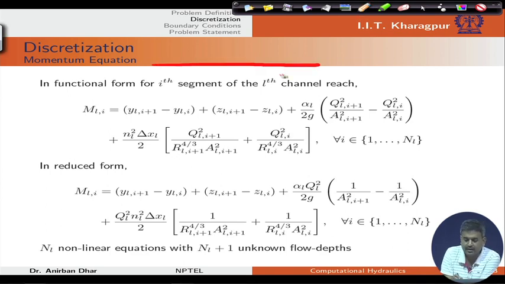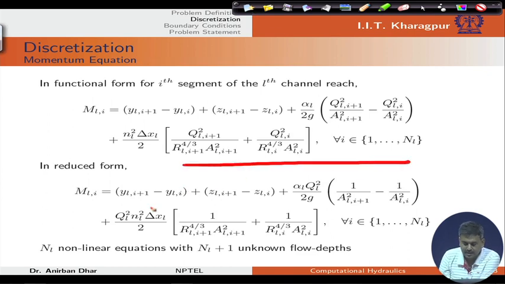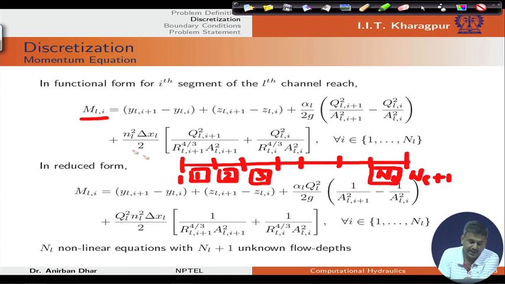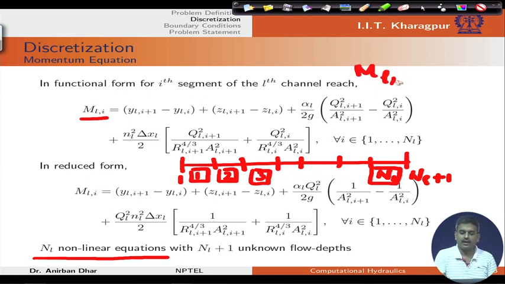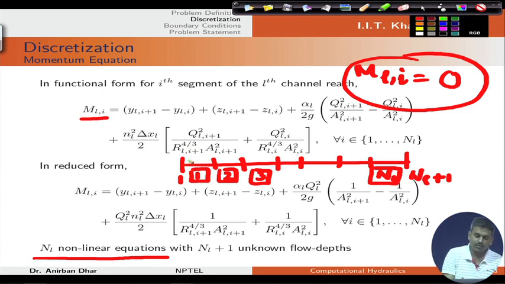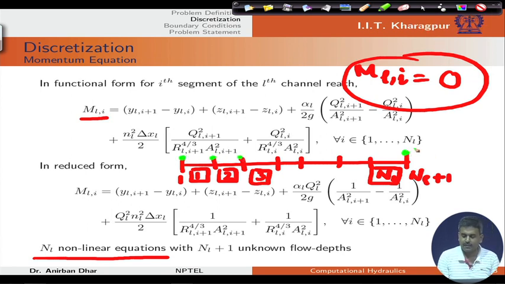If we consider a single channel, then we start from 1 and go up to N L plus 1, but we are generating M L I equations for segment 1, segment 2, segment 3 up to N L. So, we will have N L nonlinear equations like M L I equals 0, but we have unknown flow depths for all nodes, so this is node 1, 2, 3 up to N L plus 1.